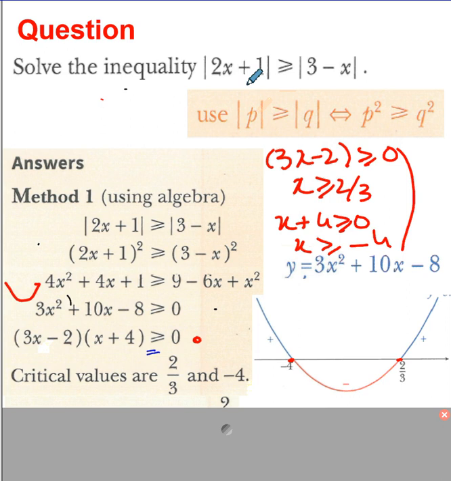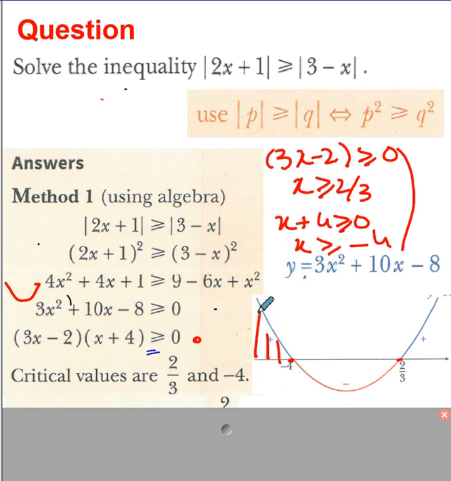Now, because here the symbol is greater than or equal to, it means we want the curve above the x-axis. So this blue line of the curve is above the x-axis. So what are the values of x on this part of the curve? Can you see?